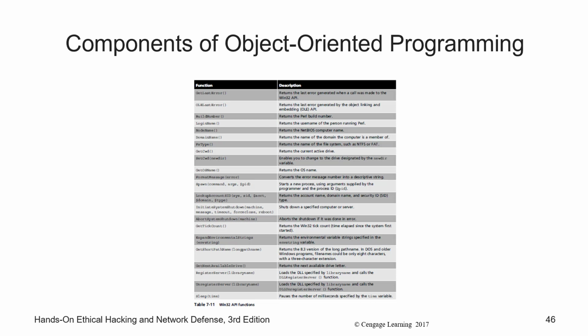Here's some various Win32 API functions, and I really don't know why they put this in here. The Windows API, number one, most of the time it has nothing to do with classes. It has nothing to do with object-oriented programming at all.